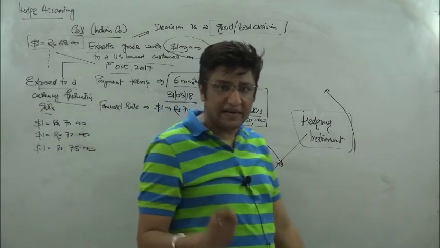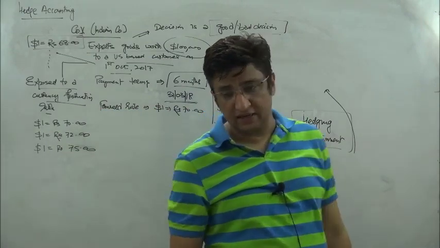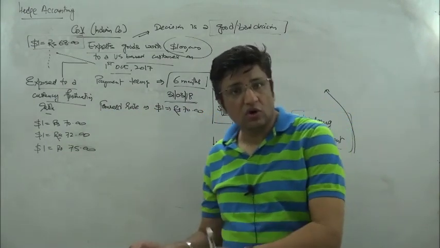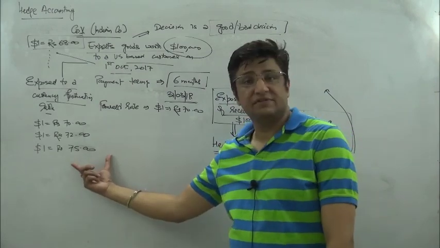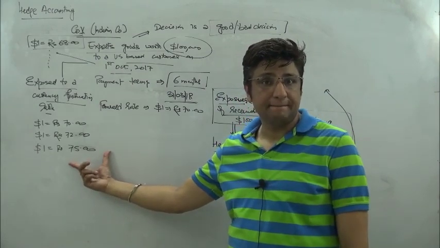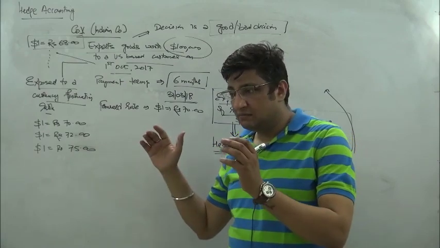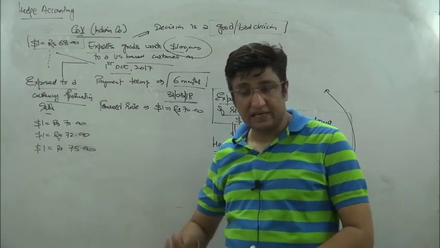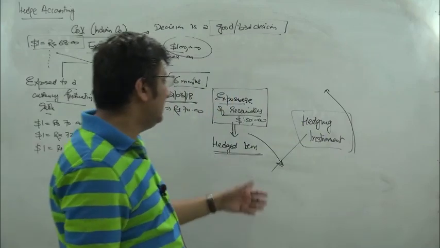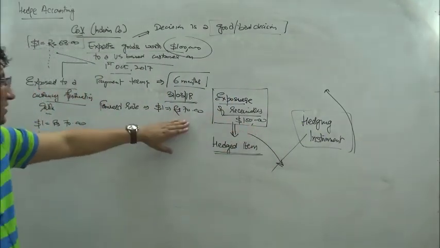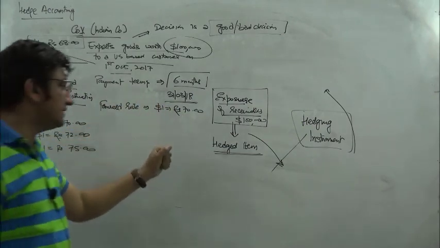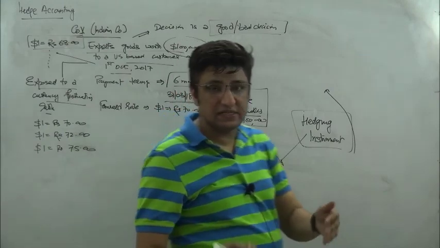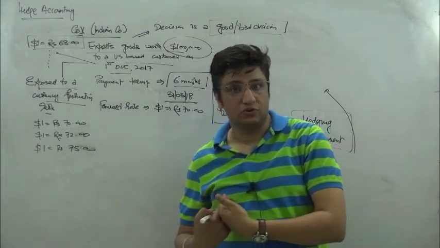The way we should be reading it, and rightly so, is that had I not got into this contract, I would have received 75 rupees per dollar. But with the contract, because I entered into the contract, I can only realize the dollar at 70 rupees per unit. So in this case, this instrument is becoming more of a liability onto me.